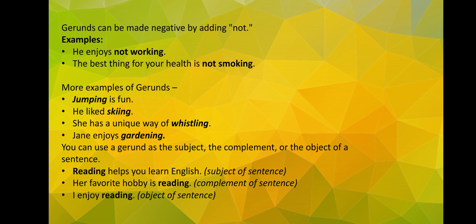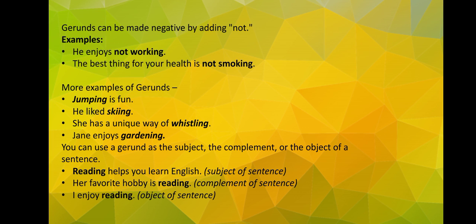Here, you can use a gerund as a subject, complement, as well as an object in a sentence. In three parts, it will be coming. When it comes as a subject in a sentence, it comes at the start of the sentence. Reading helps you learn English.